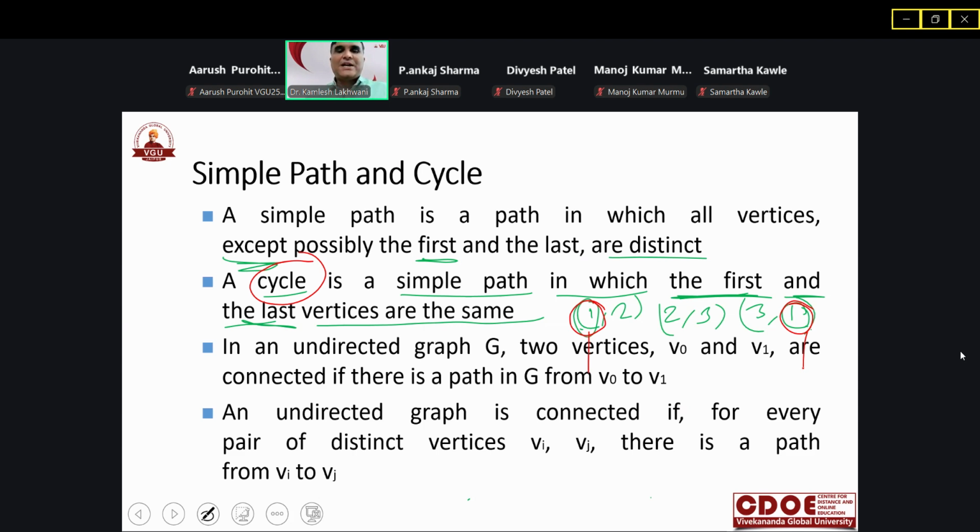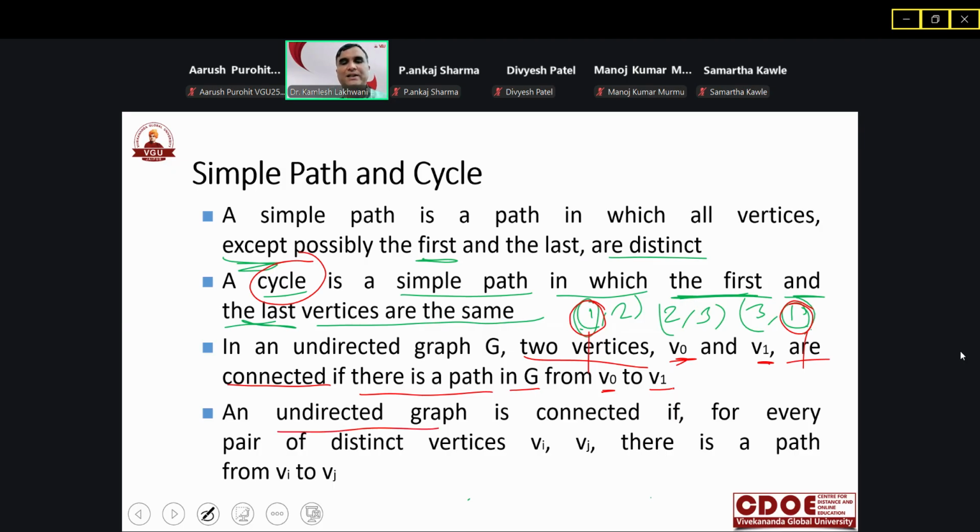So in an undirected graph G, two vertices V0 and V1 are connected if there is a path in G from V0 to V1. So these nodes are called connected nodes if there exists a path between them.